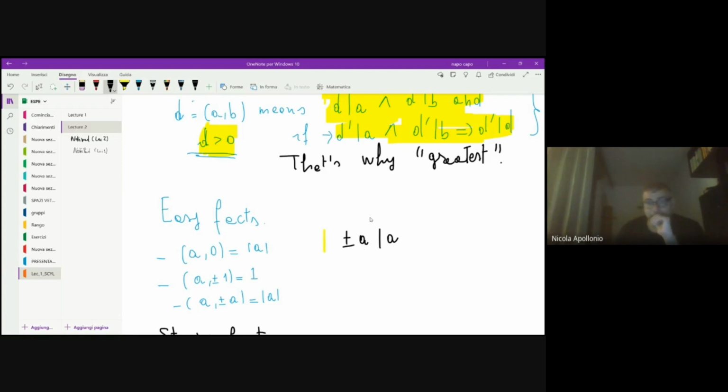But in general, it's not, because it is true that 2 divides minus 2, and minus 2 divides 2, but they are not equal. It lacks antisymmetry. However, if A divides B and B divides A, it is true within natural numbers that A equals B.